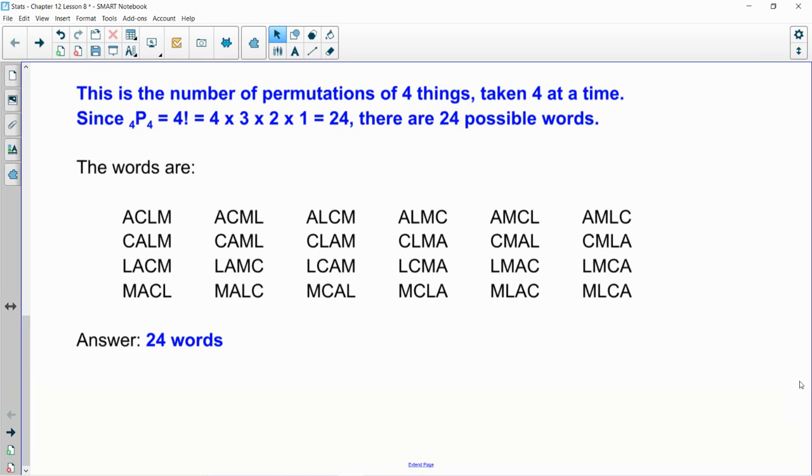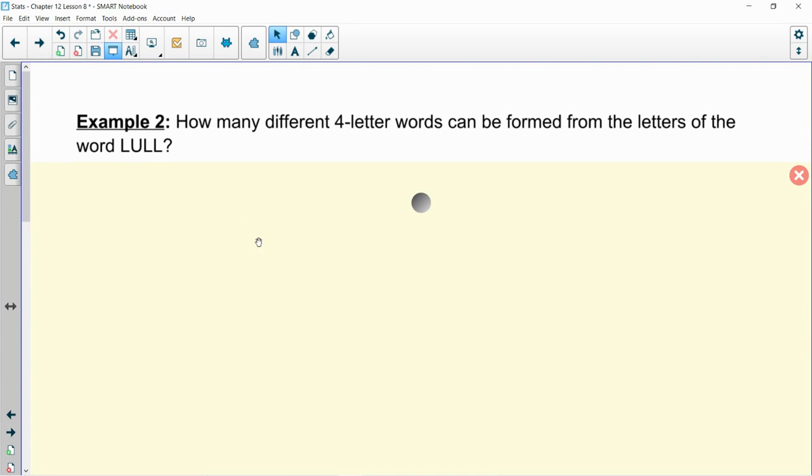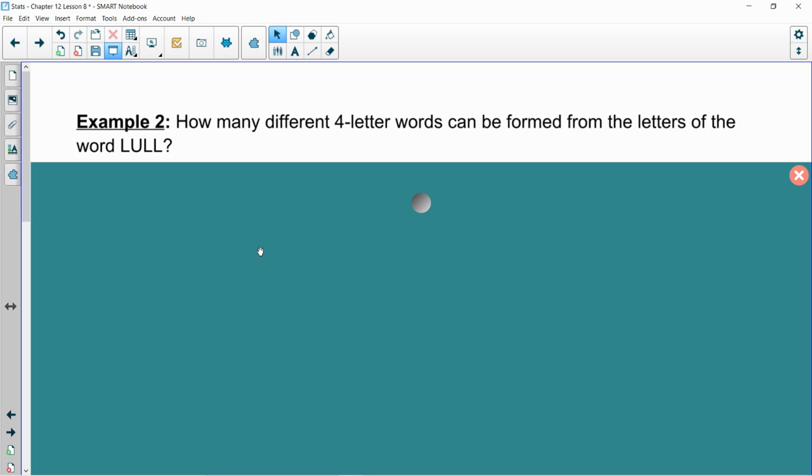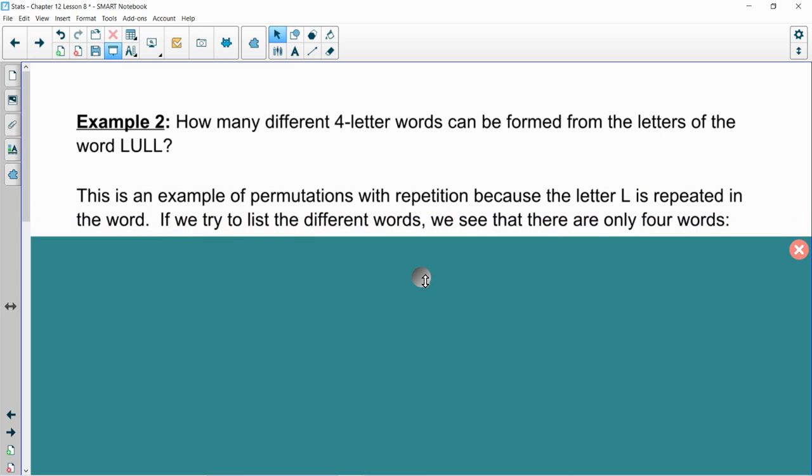All right, great. Now let's compare that to the next word, lull. How many different 4-letter words can be formed from the letters of the word lull? Now, this is our first example of permutations with repetition because the letter L is repeated in the word.